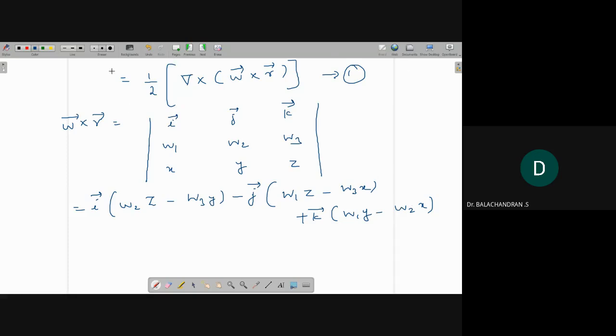I will take the RHS of 1, that is 1 by 2 into del cross w cross r vector. I will write in the next page.